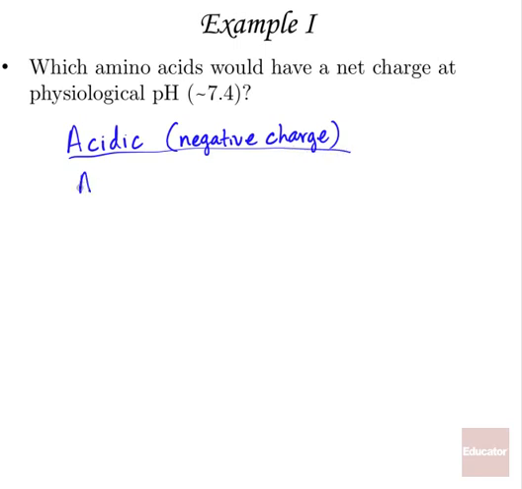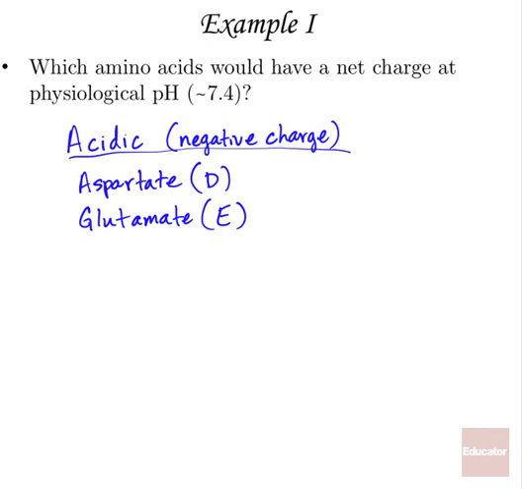They are aspartate, and by the way, the single letter code is D. And then we have glutamate, and its single letter code is E. Aspartate and glutamate are also often referred to as aspartic acid and glutamic acid.